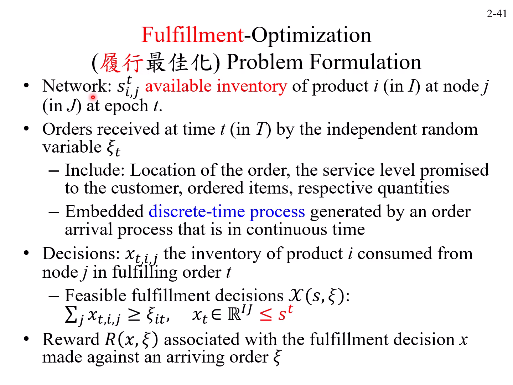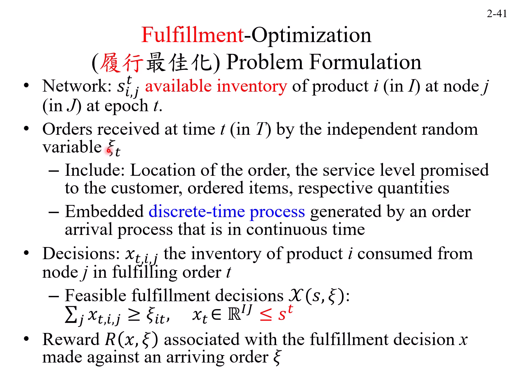So the network: you have I products belonging to a bigger set, and you have different nodes because you have so many fulfillment centers. And T is time, so you discretize your time. And you assume orders received at time T come as independent random variables to simplify the mathematical analysis.